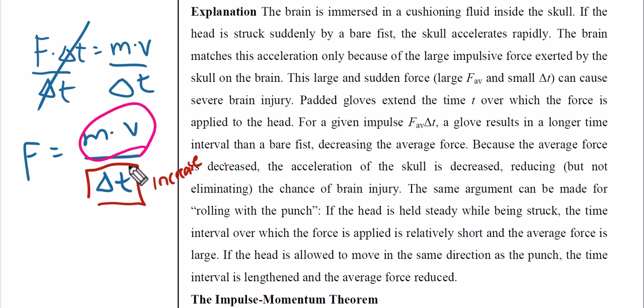However, that delta T on the airbag is going to increase the denominator and therefore make the force that you receive, and therefore the change in velocity of your face, a lot less. And so you will not become brain damaged because of it. You're going to break your nose, break your chin bone, break everything else, hopefully have a decent recovery, but you'll be able to recover. That's the idea behind the seatbelt and airbag combination.